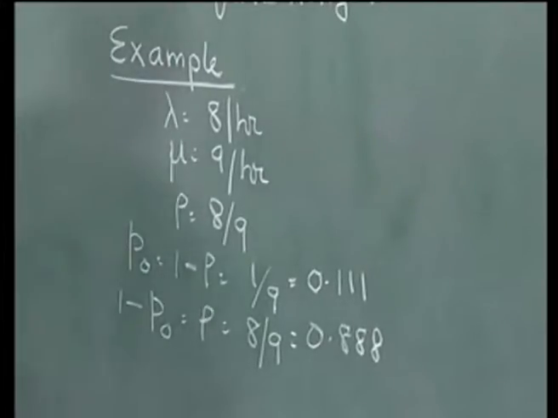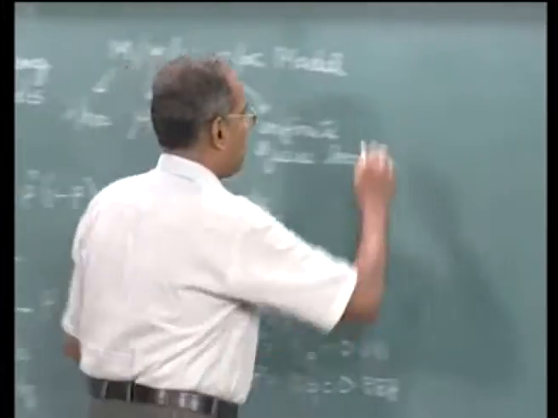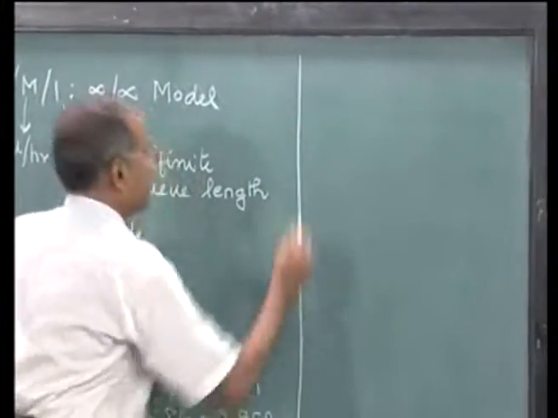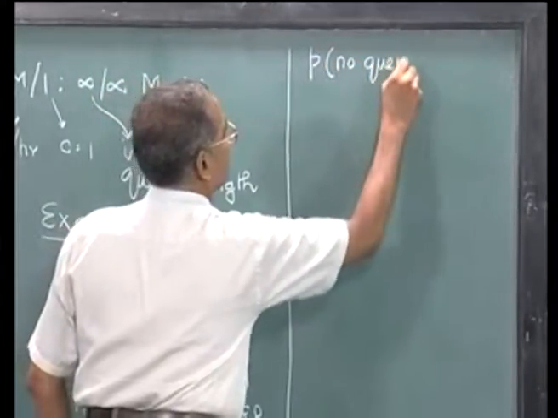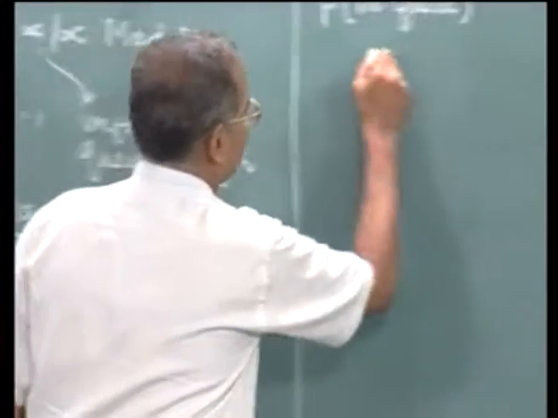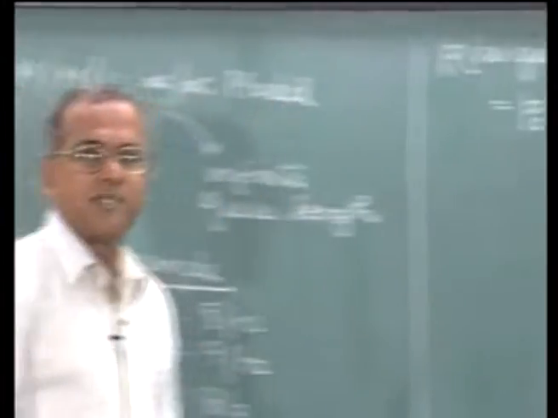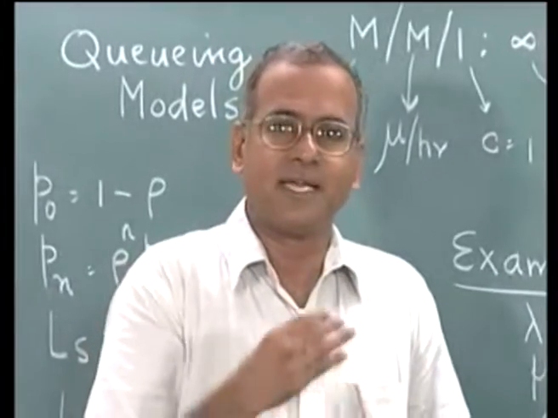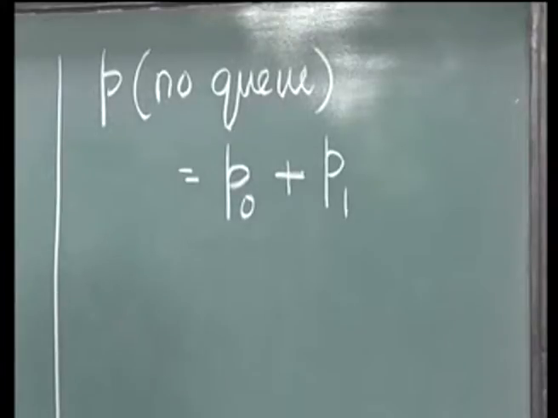Now, let us try to find out the probability that there is no queue. There is no queue when there is no one in the system, P naught, or there is one person in the system and that person is getting served. So, P naught plus P 1 would tell us that there is no queue.